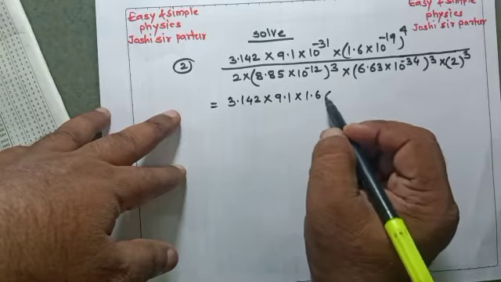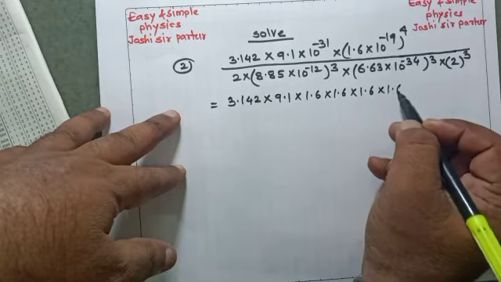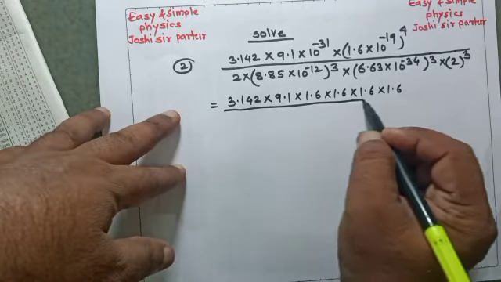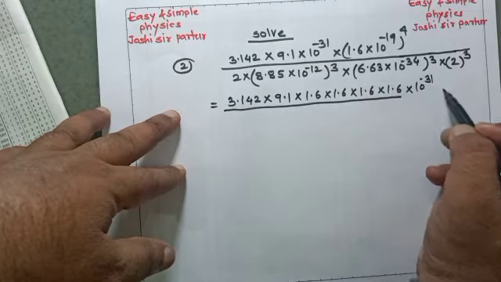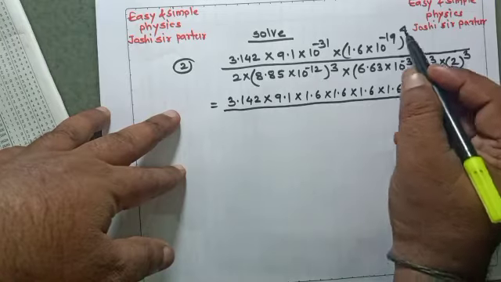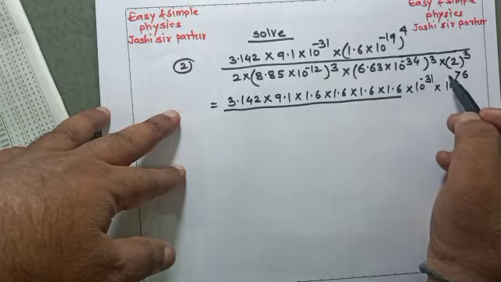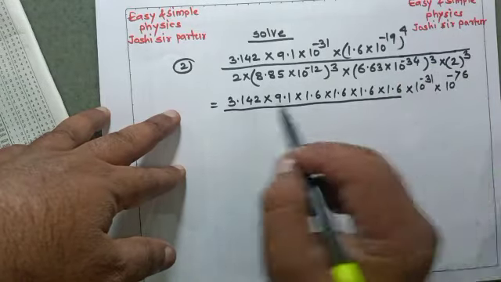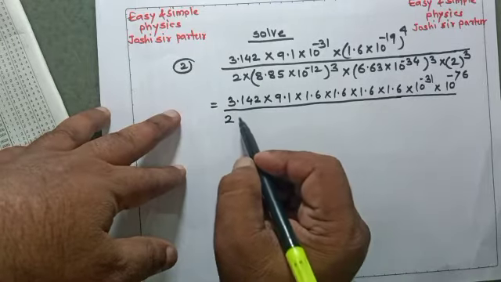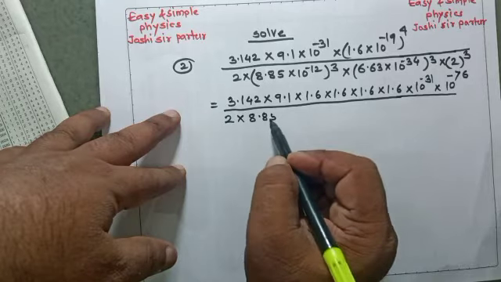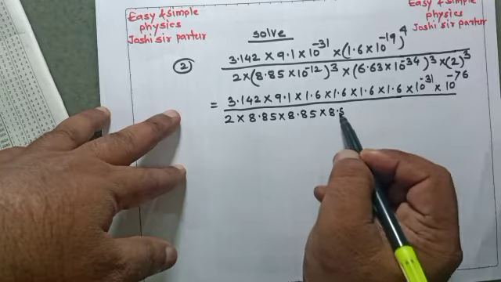So 1.6 multiplied by 1.6 multiplied by 1.6 multiplied by 1.6, 4 times, multiplied by 10 to the power minus 31 and multiplied by 10 to the power, for the 36, 3 is remaining, and 4 times 19 means minus 76, upon the denominator 2 multiplied by 8.85 multiplied by 8.85 multiplied by 8.85. Why?